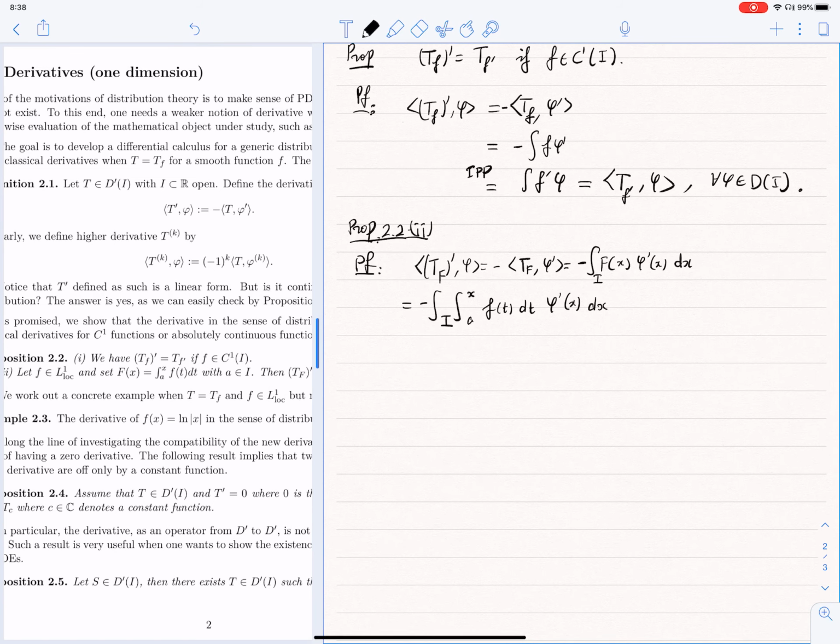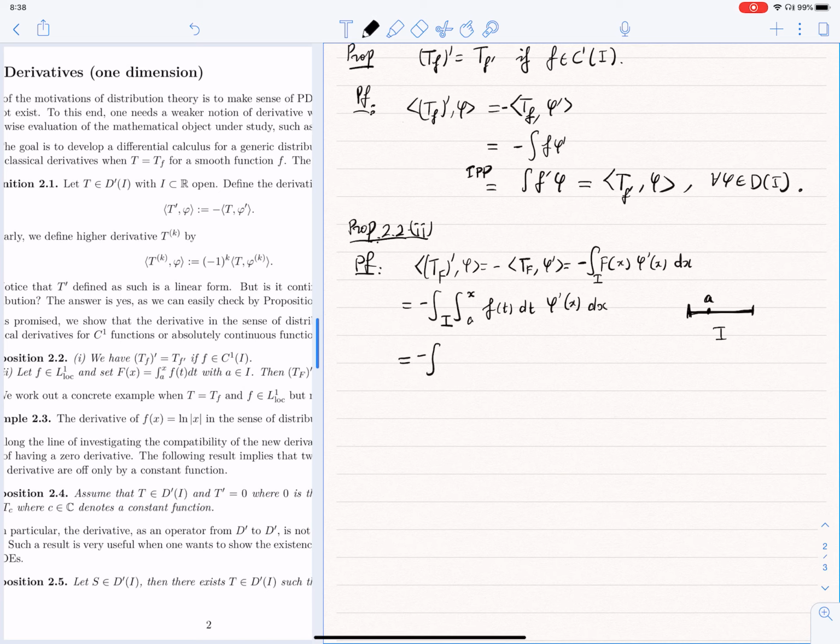Let me draw a small picture. x is in the interval, and a is also in the interval. This a is a fixed point in the interval I, and x ranges in the interval I. So it could happen that x is smaller than a, or x is larger than a. We are going to split the integral into two pieces.